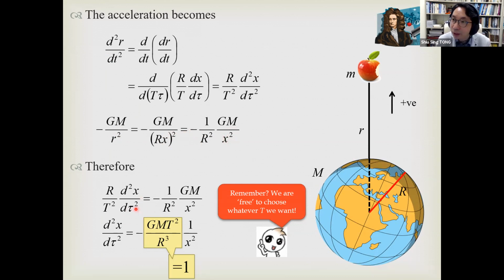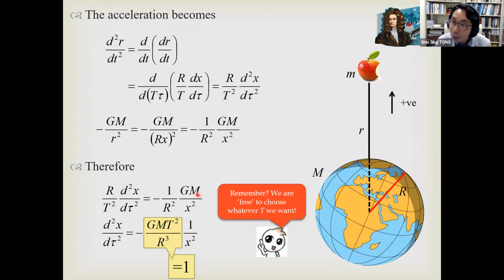We have this equality, right? This is the gravitational acceleration, and this is Newton's second law, the second derivative in terms of the dimensionless parameter. Now we put all those constants together. We arrange the constants such that they form a cluster.